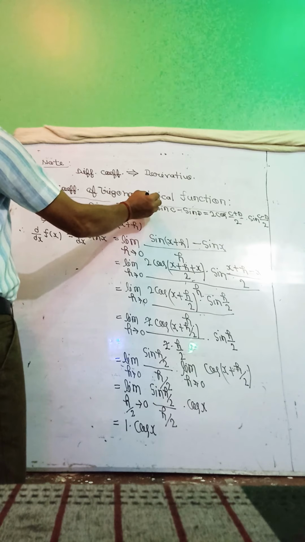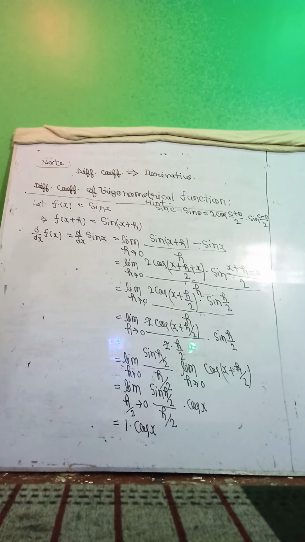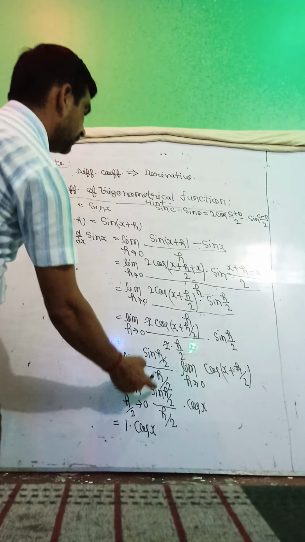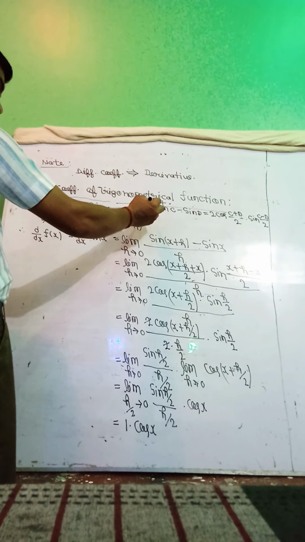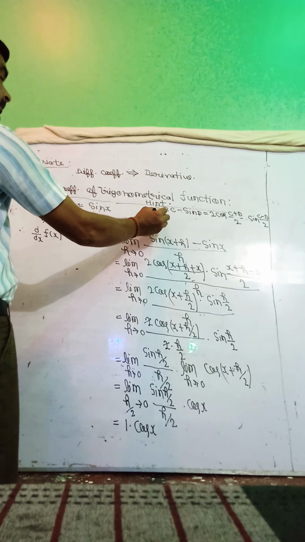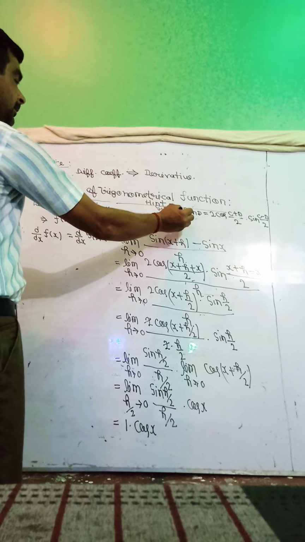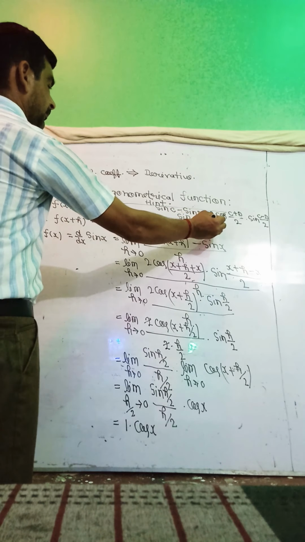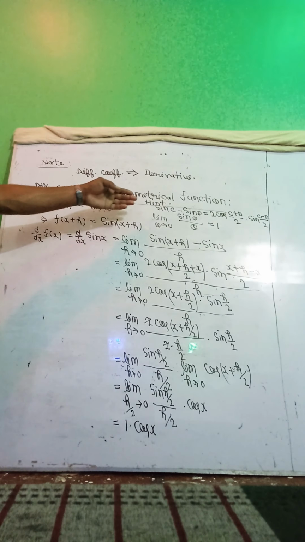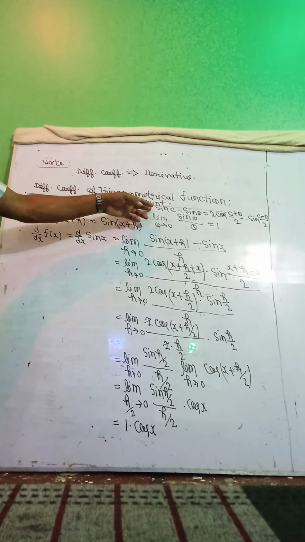It is a hint value. And in the last step, limit theta tends to 0 sin theta divided by theta is equal to 1. Remember this formula.